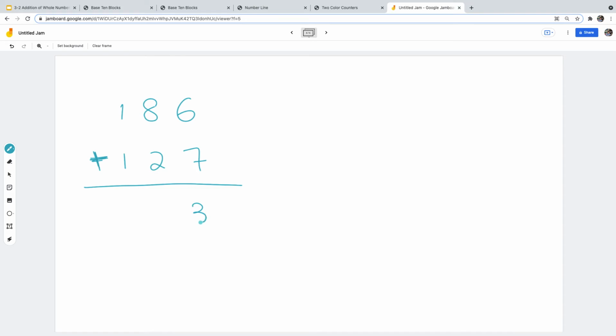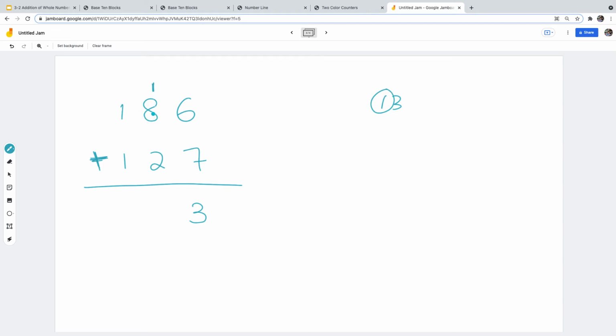So 13, that 10 is in the tens group. So you're gonna put 1 that we regrouped here, the ones, right, goes up here.